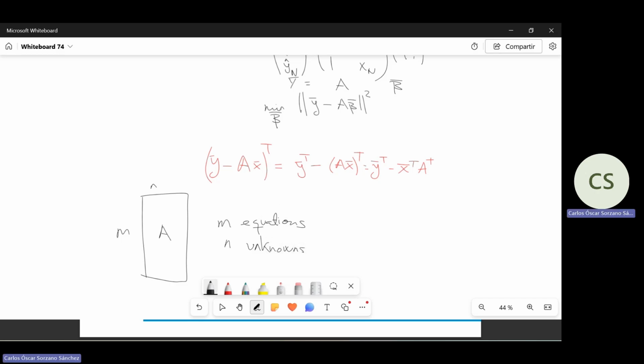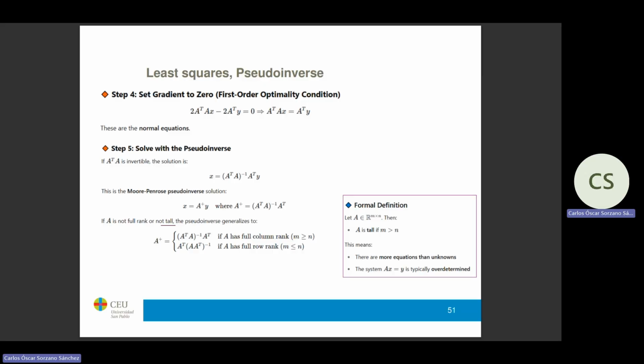So depending on whether you have more equations than unknowns or the opposite, whether m is larger than n or n is larger than m, then we define A plus differently.